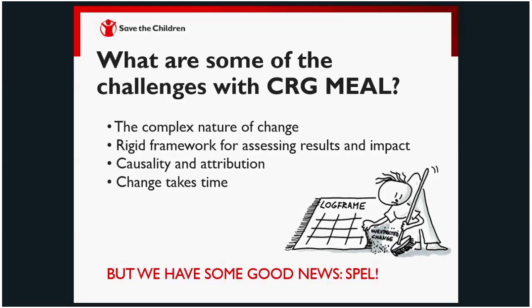As you know, creating positive changes in the structures and institutions of governance so that they work effectively to deliver children's rights takes time, because we work to change the root causes of CRG. We work to change the structures and the systems of governance so they work effectively to deliver children's rights.